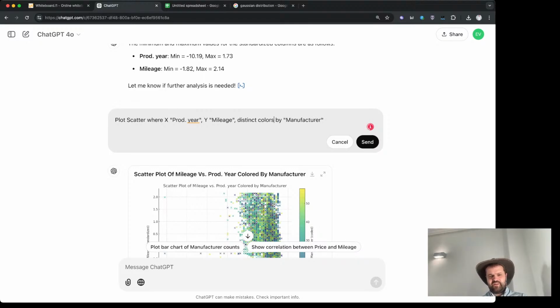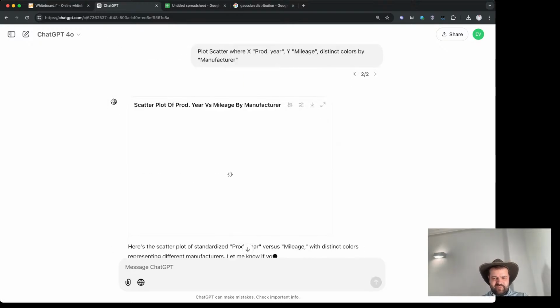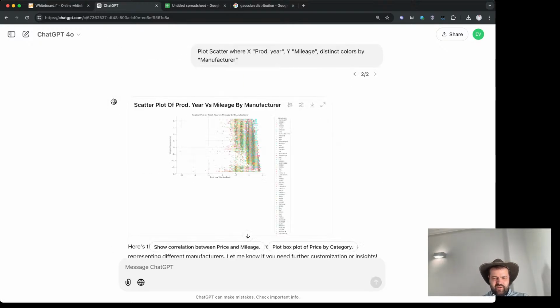I'm not sure if this is, again, the way to do this correctly. Actually, the correct way is not to write these prompts like a human being, but we'll get there. Just want to show you the idea. So this is all about cleaning data so far. Yeah, so now it is kind of better.